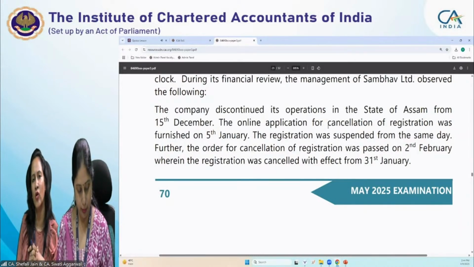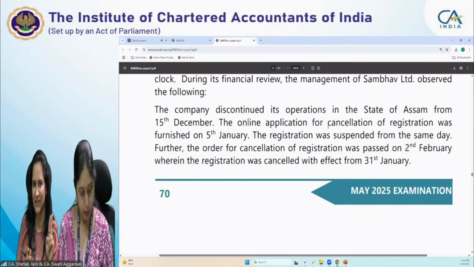And the due date for filing the final return is within 3 months of the date of cancellation or the date of order of cancellation, whichever is later, right?